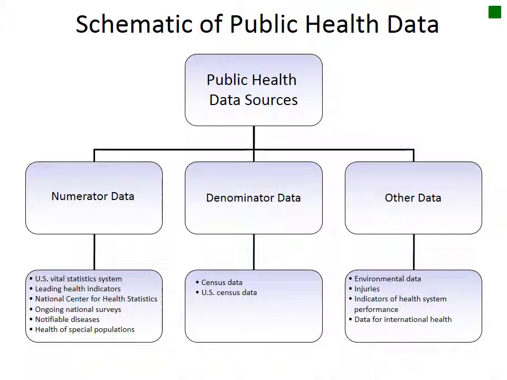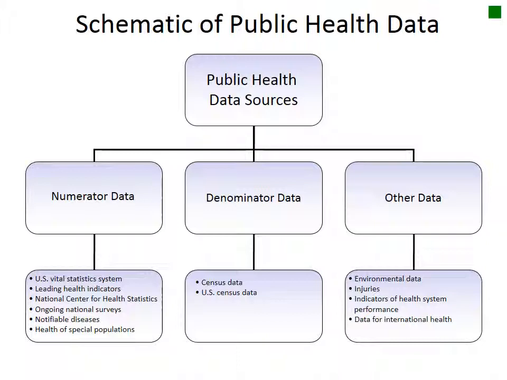Other notifiable diseases, meaning some very specific surveys as a result of specific diseases such as cancer, diabetes. These data are very specific and can be housed in certain registries, and other health of special populations as well.